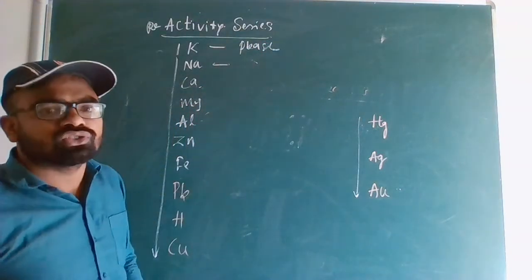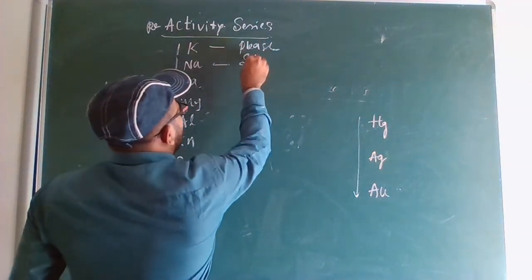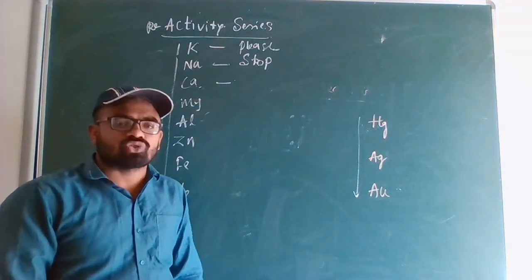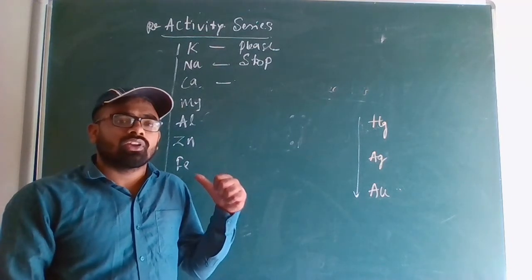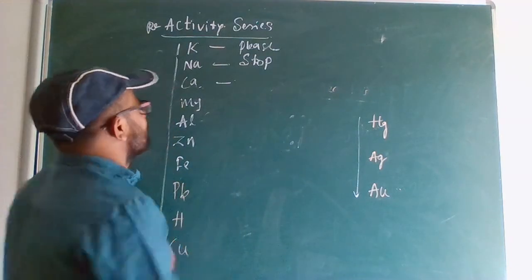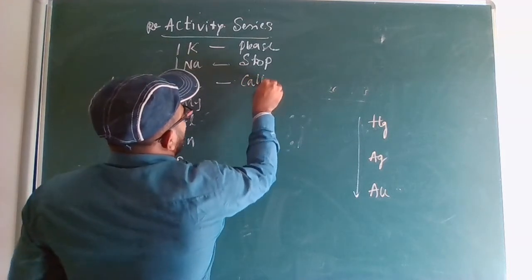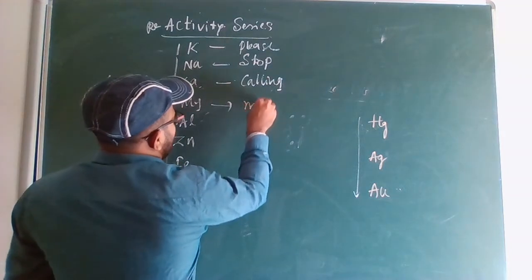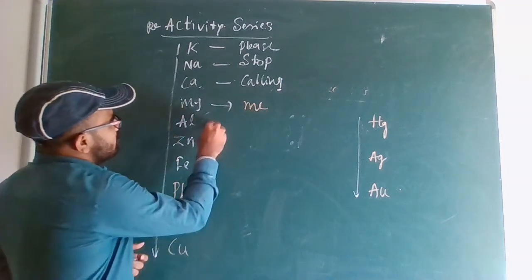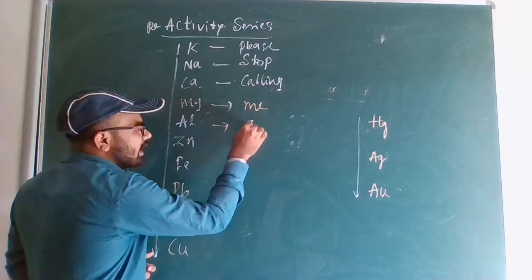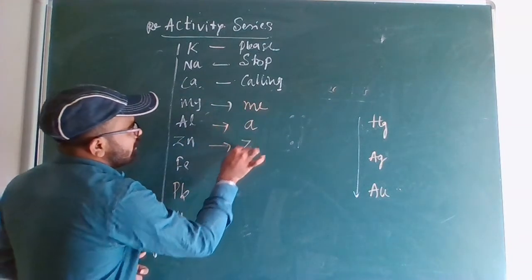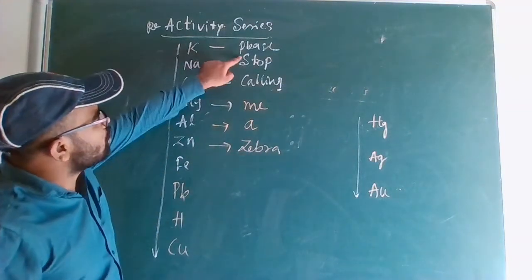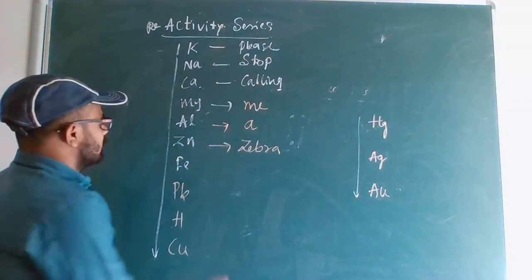Na means what? Sodium. I will say stop. Please stop. What is Ca? Ca is calcium. Please stop calling. Mg is magnesium. Please stop calling me. Al means aluminium, so I will take A. Zn means zinc, so I will write zebra. Zinc for zebra. Please stop calling me a zebra.